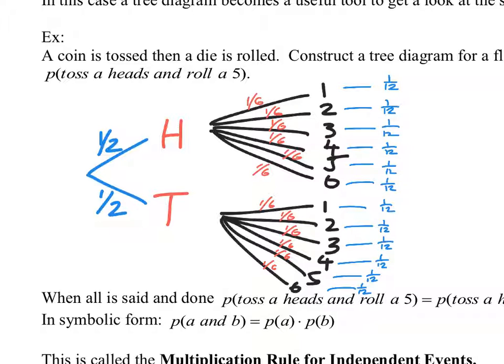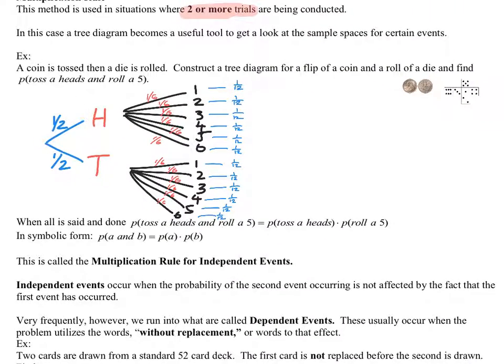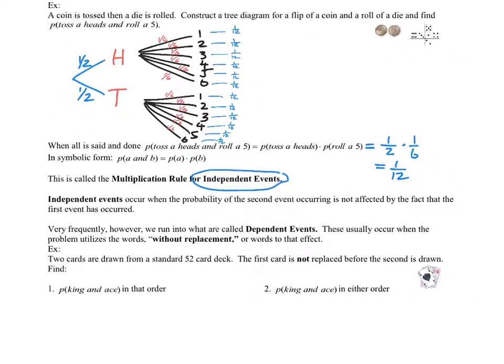Not the case here, but it could be, and you'll see that when you get to the examples that follow. In this simple case, for independent events, you just multiply the probabilities together, 1 out of 2 times 1 out of 6, and you get 1 out of 12. It's when you have dependent events that it's a different story.